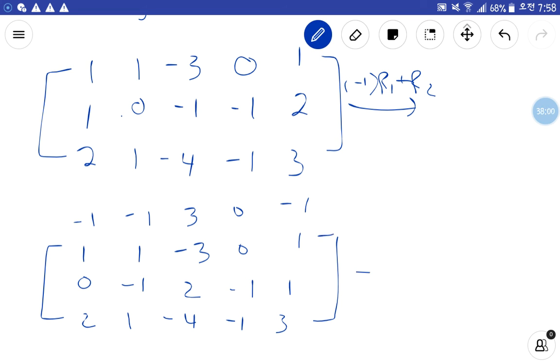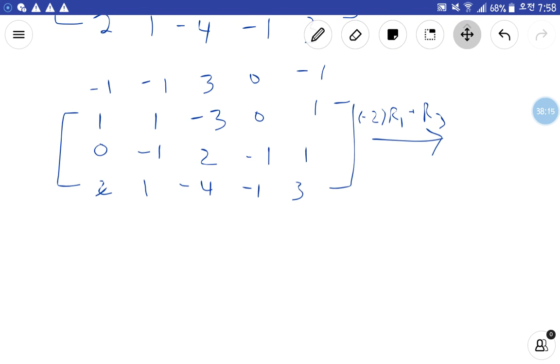Now for my second row, I want you to cancel my third, which is the 2 right here. So I'm going to do -2 times the first row, added to the third row. If you times -2 for your first row, you get -2, -2, +6, 0, -2. That's going to be your first row.